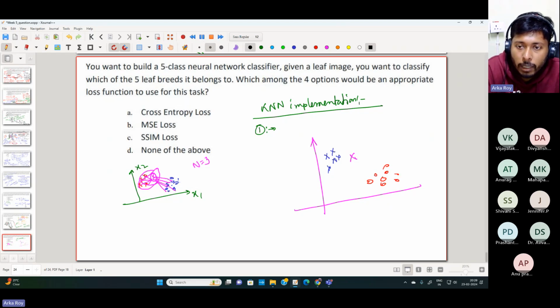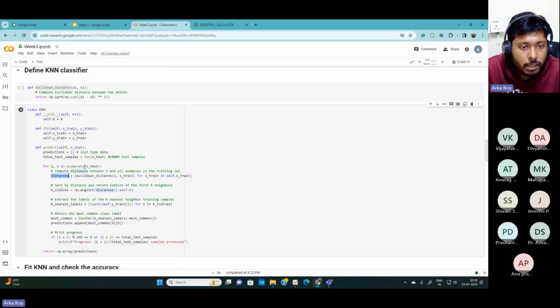You need to calculate the distance between all these points, similarly for this one and this one as well. So that is what we are doing over here: Euclidean distance x comma x train for x train in self x train. That means I am referring to all this data that I have provided over here.